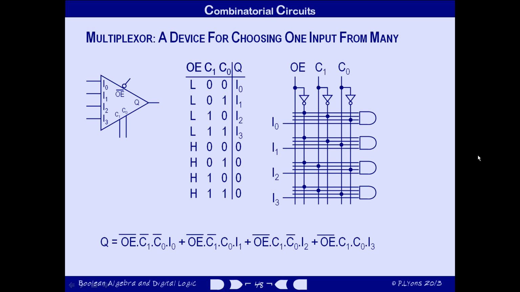And of course, we finally need to add an OR gate to OR the results of all the terms in the Boolean expression together and produce the output Q.